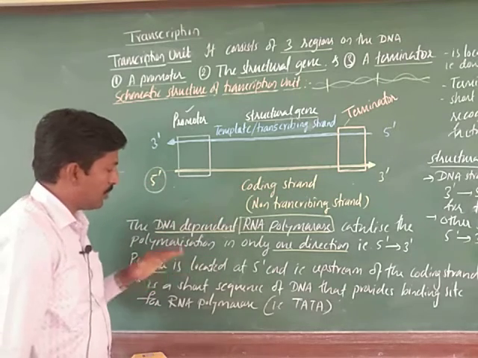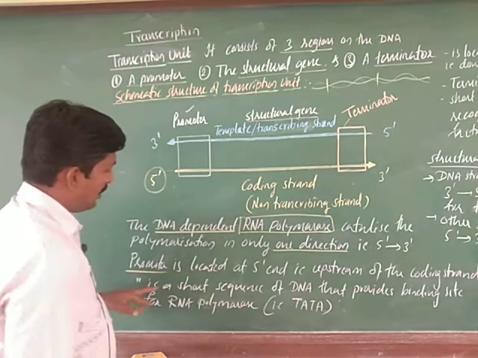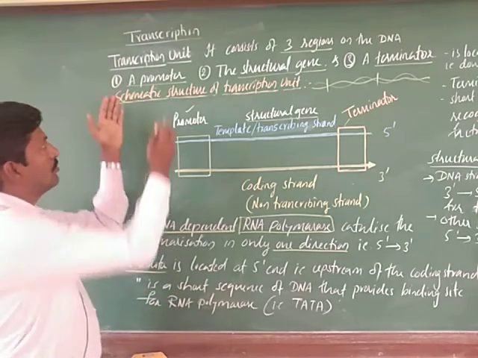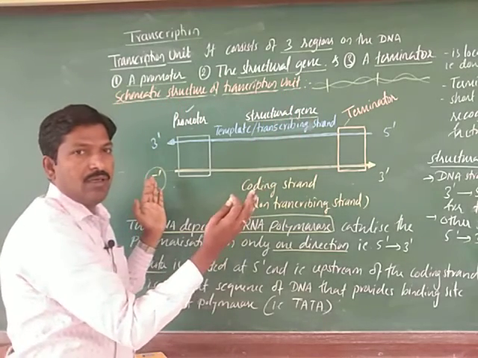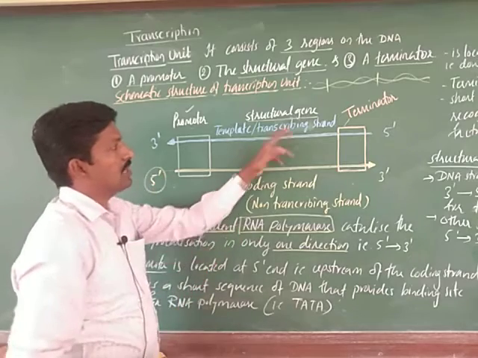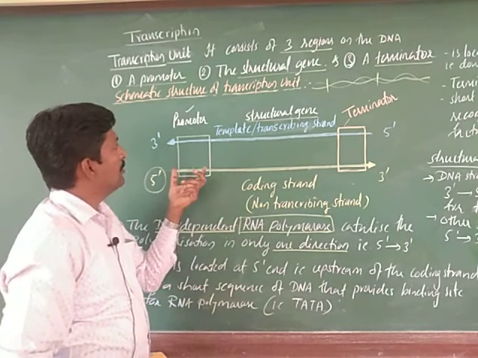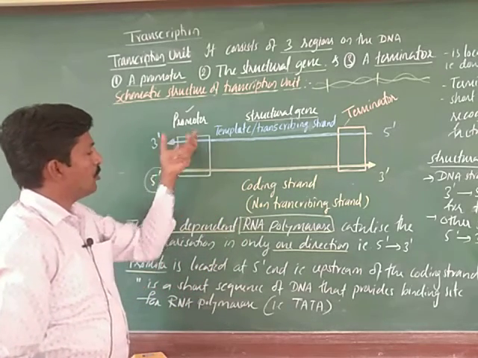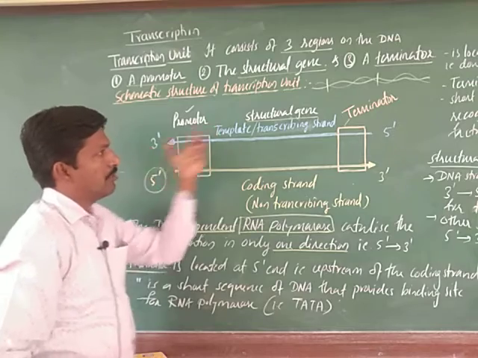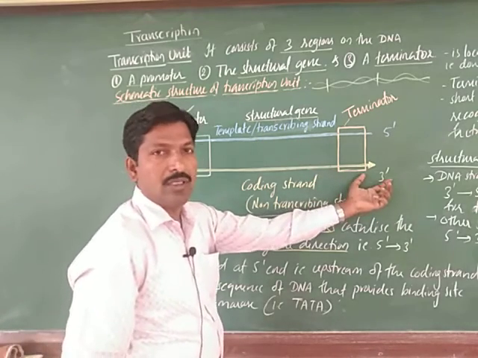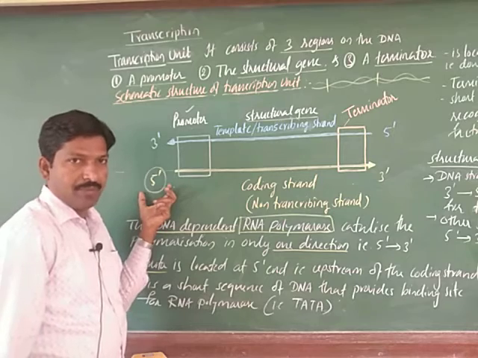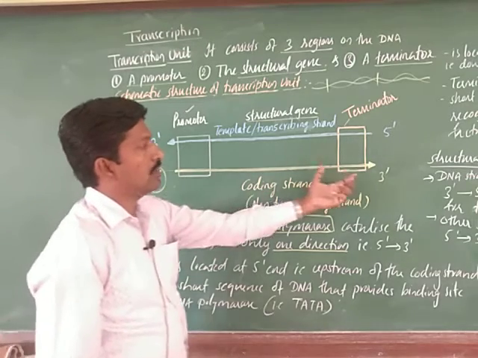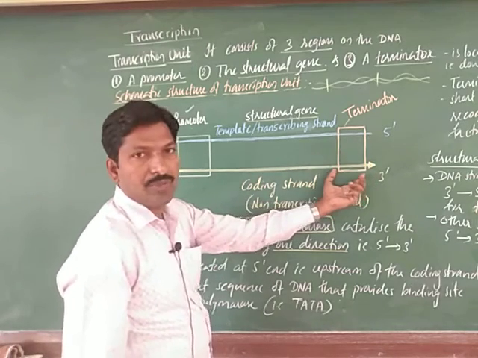The promoter and terminator are present on either side of the structural gene: the promoter at the 5' end and the terminator at the 3' end. The promoter side is called upstream, and the terminator side is downstream.